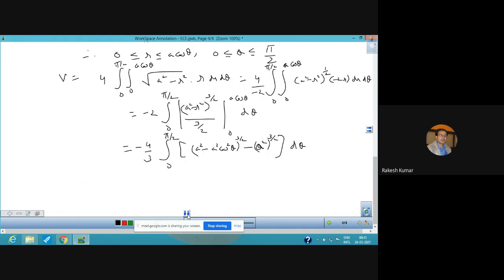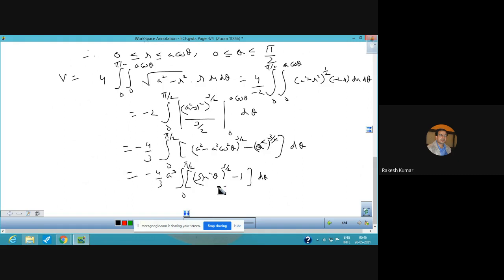So this power 2 can be cancelled with this. You will have a cube. And similarly, a square power 2 will be cancelled here. You will have a cube. So 0 to pi by 2, that a cube can be taken common. Inside you will have 1 minus cos square, that is obviously sine square theta raised to power 3 by 2 minus 1.